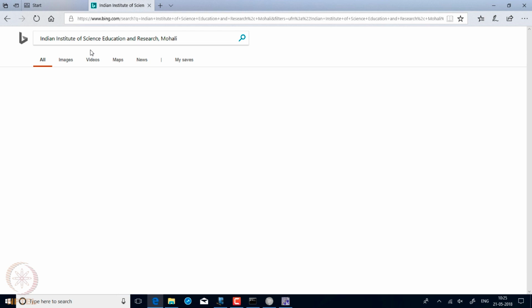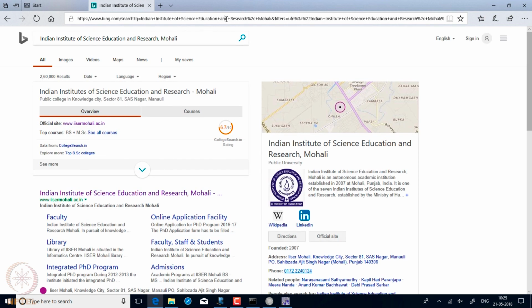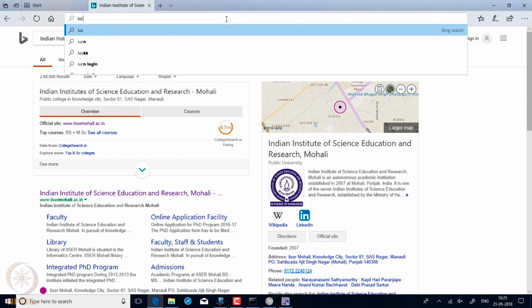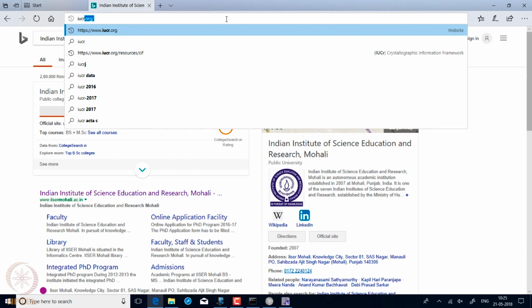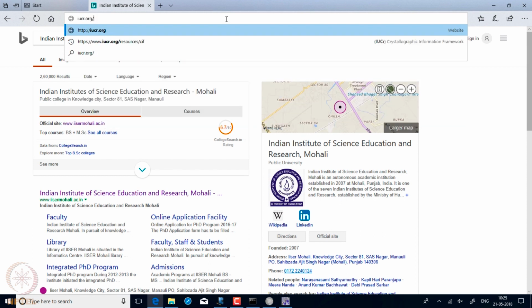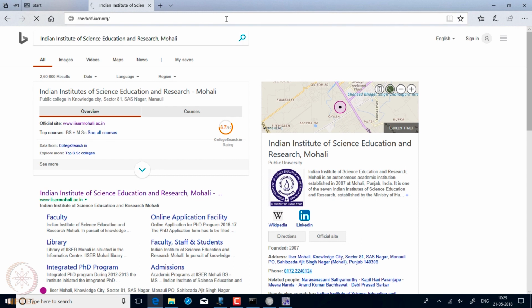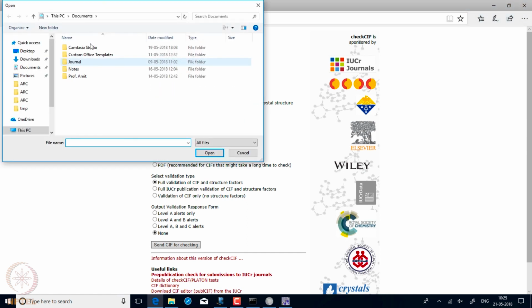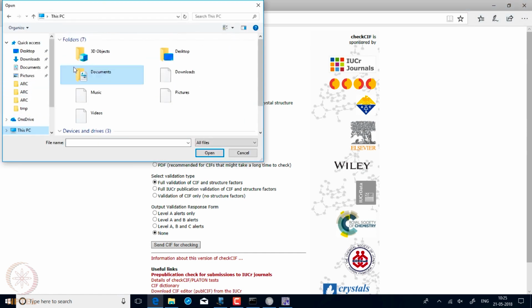For some reason it is not generating the report now, but alternately one can directly go to the IUCr website, checksif.iucr.org, and then submit the CIF file that we have generated.